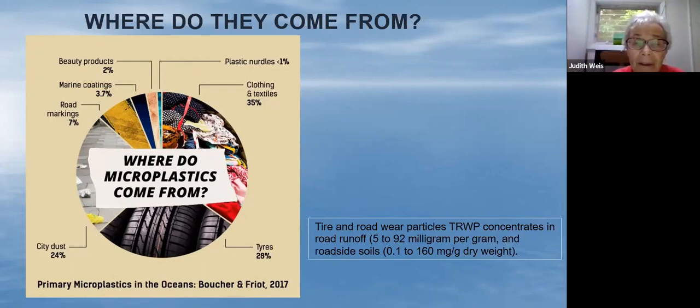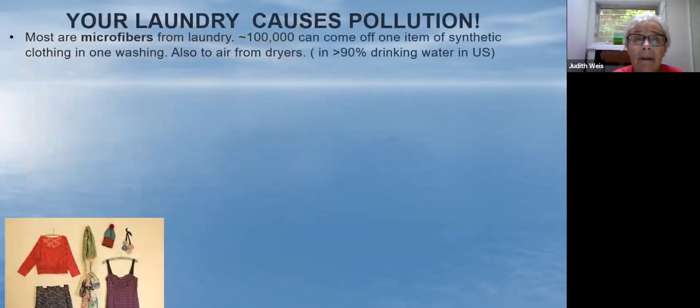So these numbers are not to be taken as the literal truth, because different people will come up with different numbers. But again, the textiles, the clothing, the fabrics come out top. So your laundry is causing pollution. The vast majority of microplastics in the world are coming from clothing.